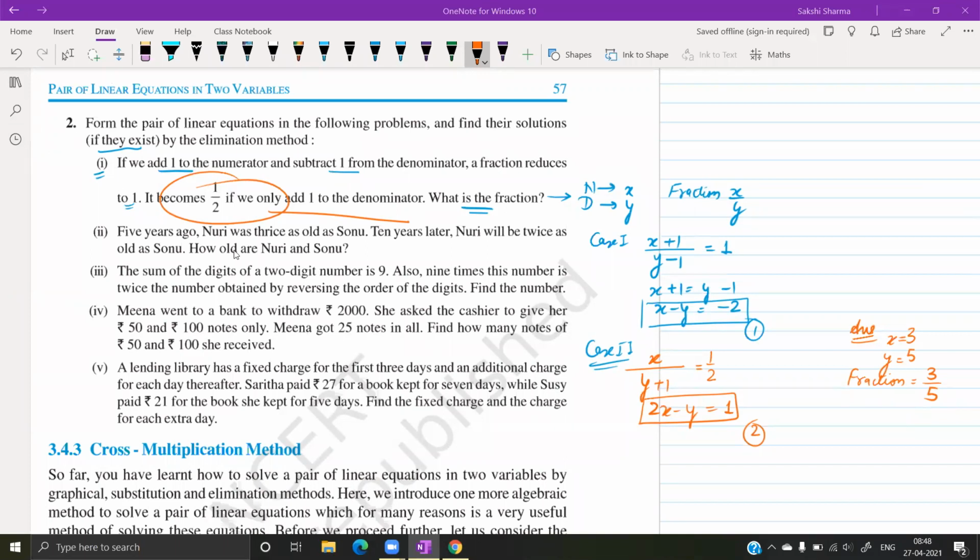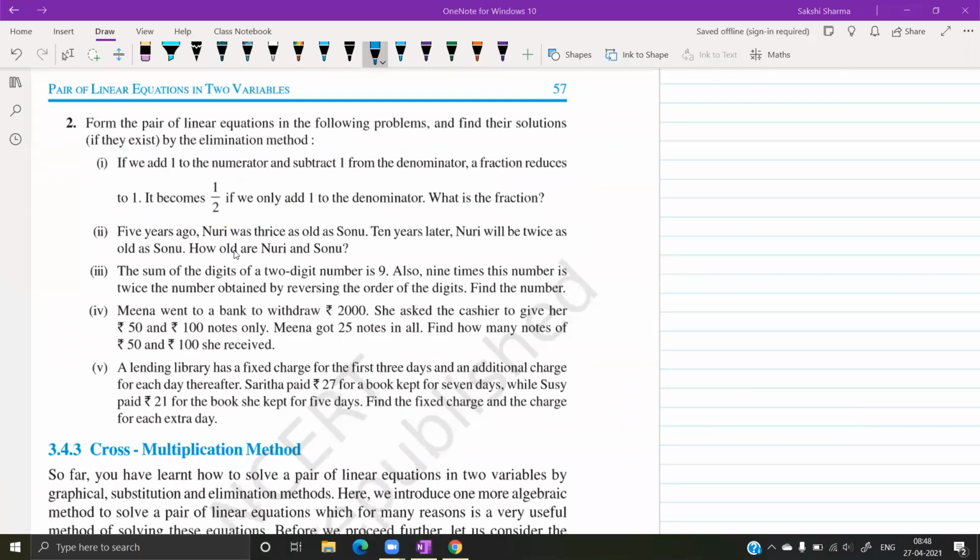Second part, 5 years ago, Nuri was thrice as old as Sonu. 10 years later, Nuri will be twice as old as Sonu. You want to find out how old they are. So from the question, can you tell me which ages we have to find out? Present ages.